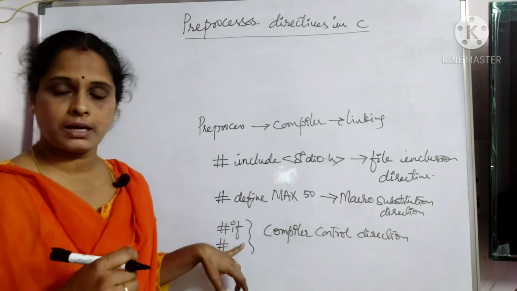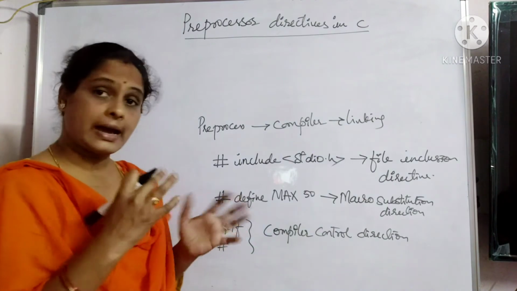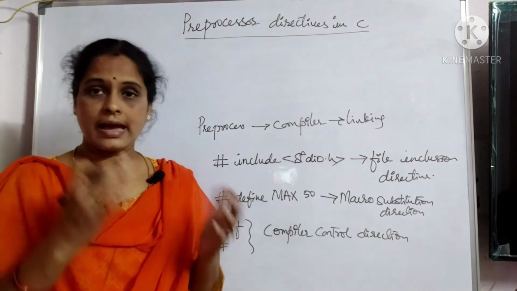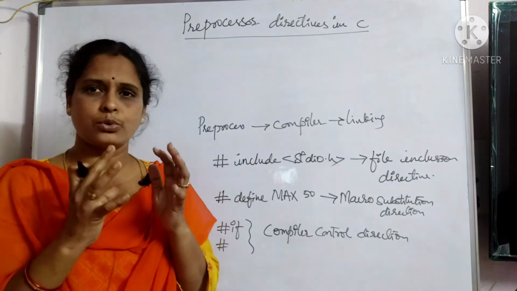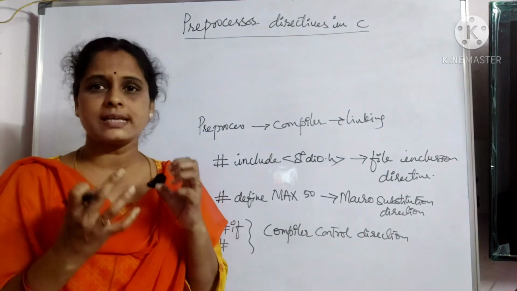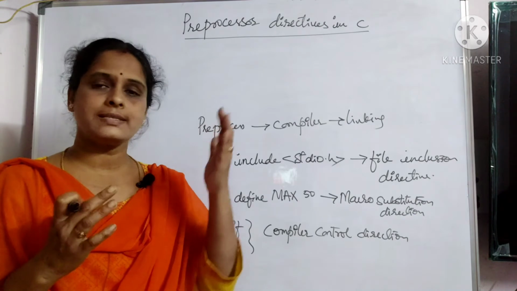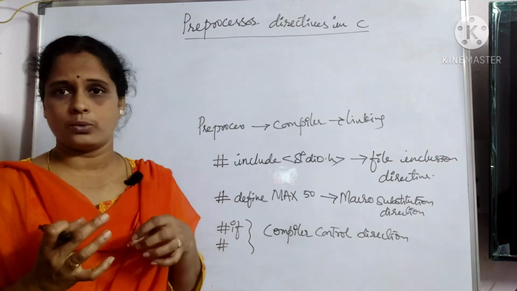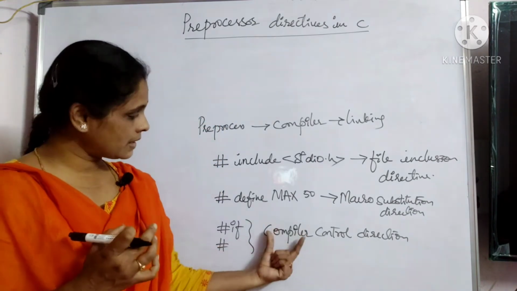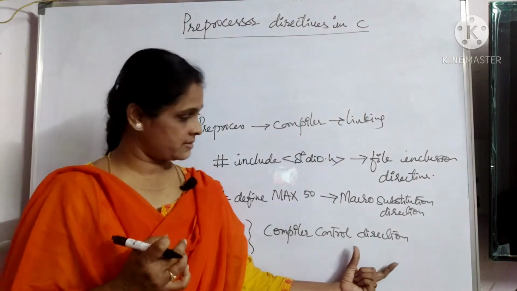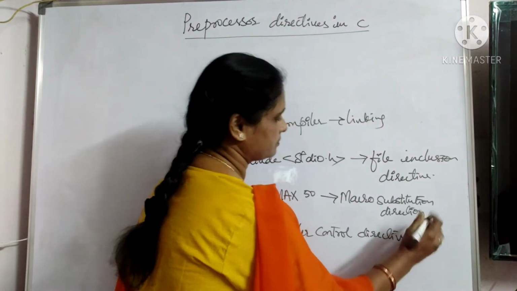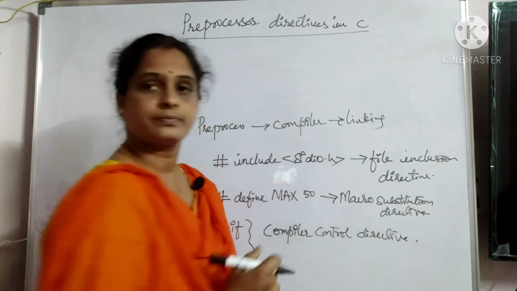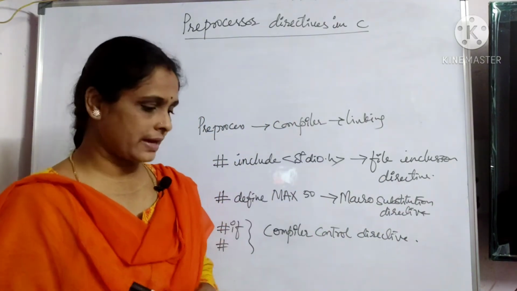As the name itself shows, #if, #else, #endif, etc. are going to be used for some condition, that means they are going to control some kind of flow. So they are said to be compiler control directives. Not direction, sorry, it is directive. These are the different types of directives we have.